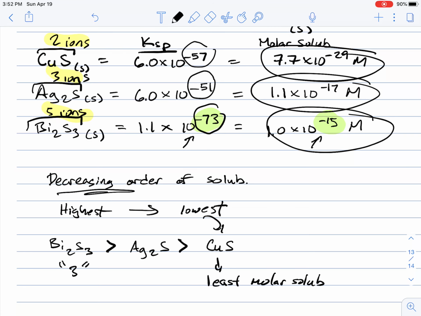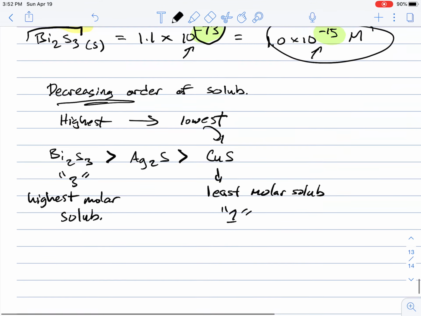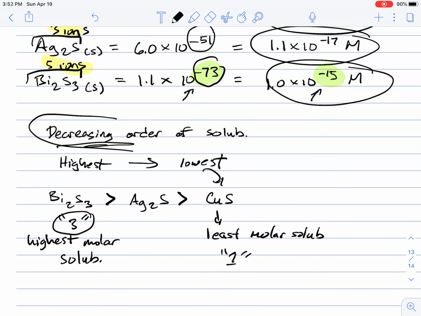And so if we would have to rank them, this would be, quote unquote, number 1. Okay. And Bi2S3 has the highest molar solubility, and I'm going to go ahead and rank it number 3 because we're going in decreasing order.